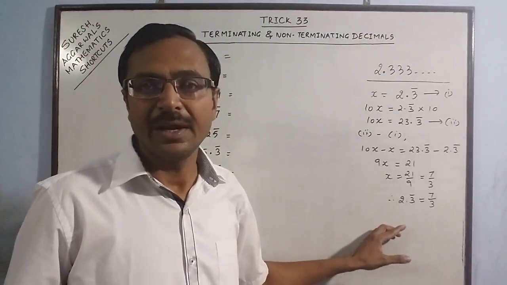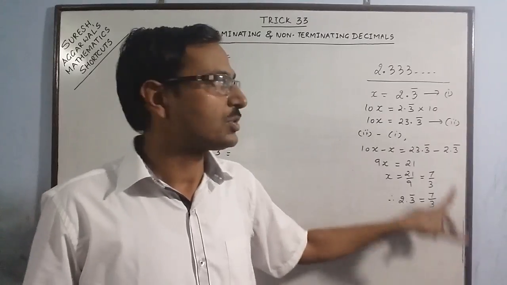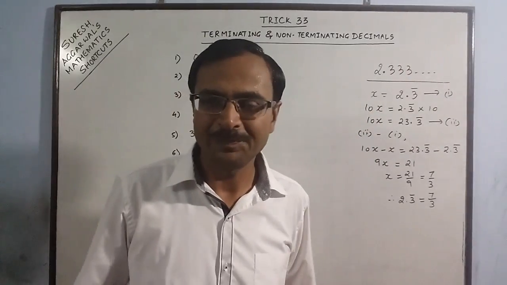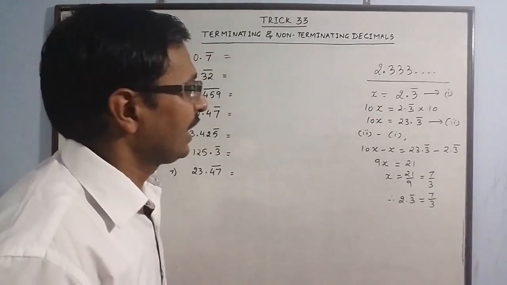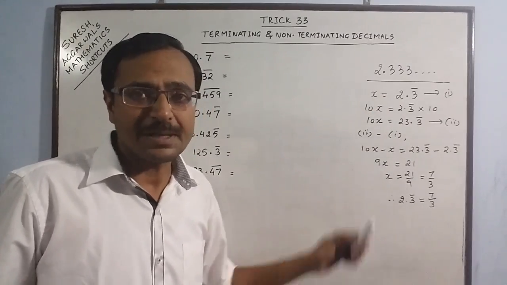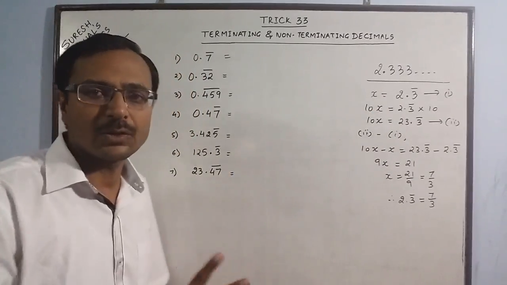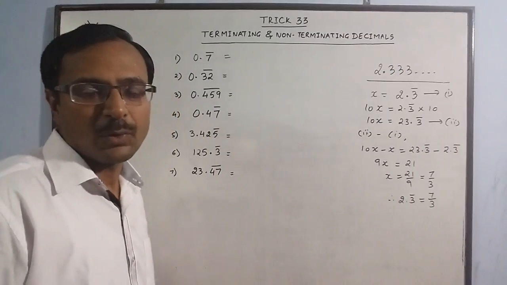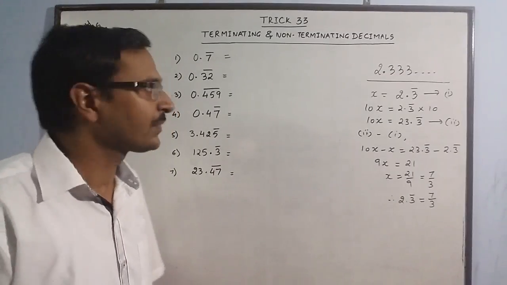The traditional method has about 7-8 steps, but the shortcut has only 2 steps. I am going to demonstrate those 2 steps today.